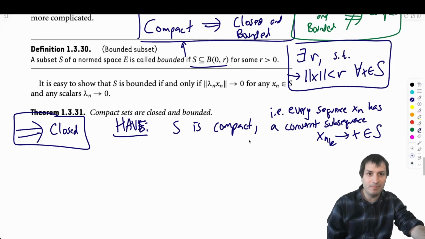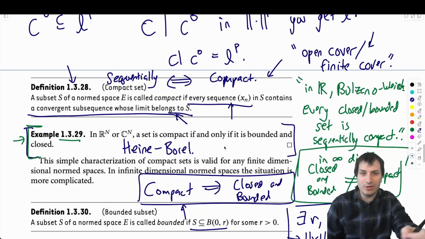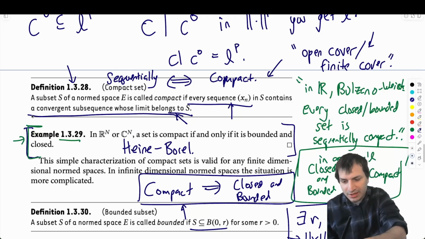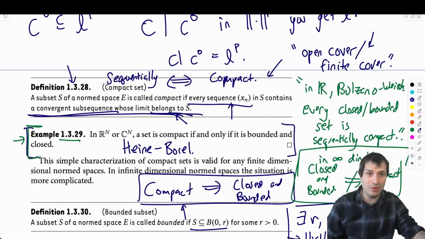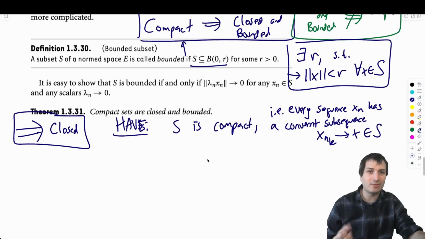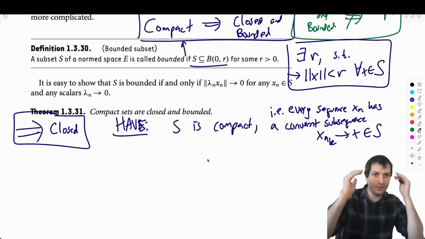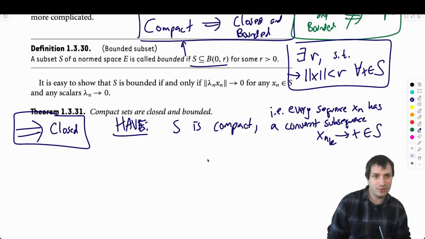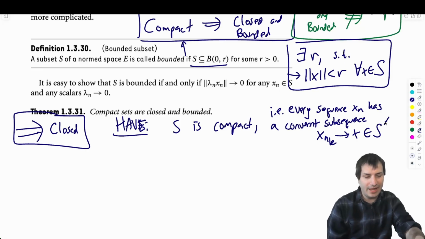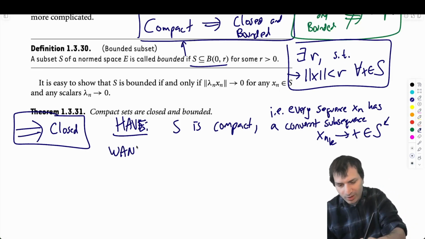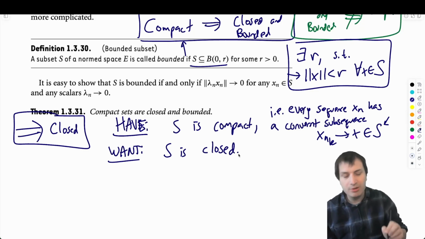So xn has a convergent subsequence whose limit belongs to S. We know S is compact, which means every time we have a sequence, we can find a convergent subsequence, and that convergent subsequence has a limit x in S. What do we want? We want to prove that S is closed. How do we prove that S is closed?